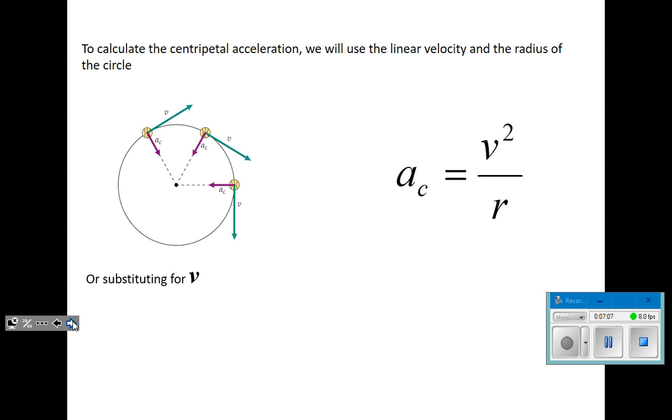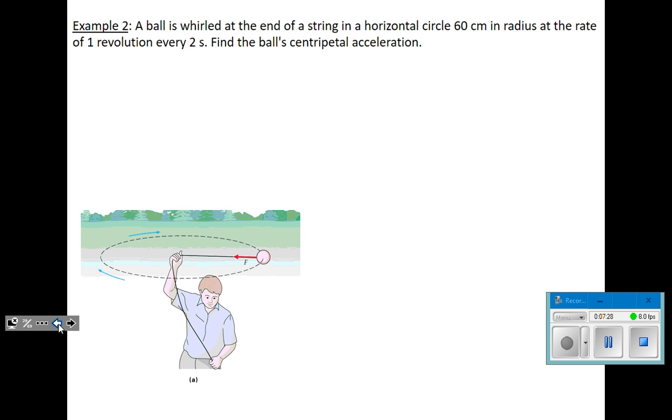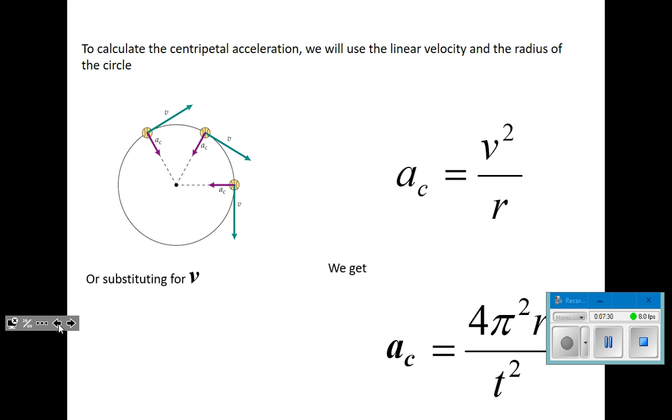We could also substitute the formula that we've learned for v, which was 2 pi r over T, or 2 pi r f. If we do that, then we get a formula of a_c equals 4 pi squared r divided by T squared, where T is the period, or a_c equals 4 pi squared r multiplied by f squared.